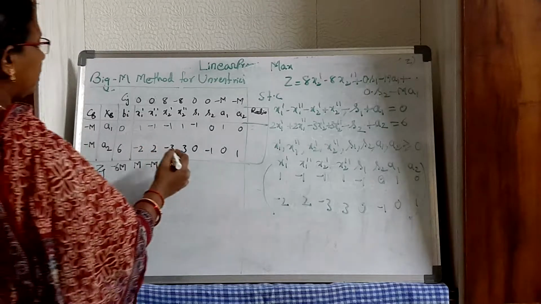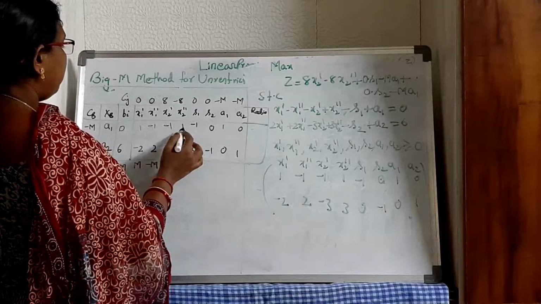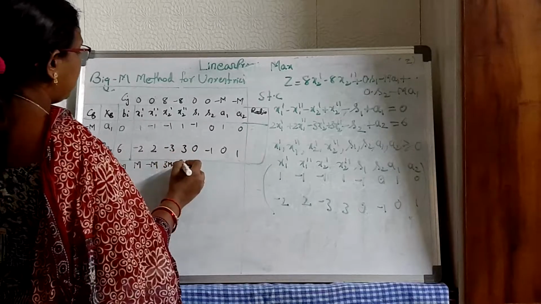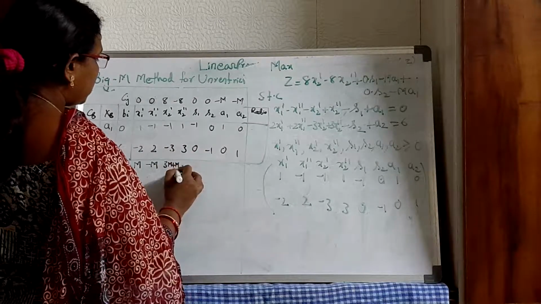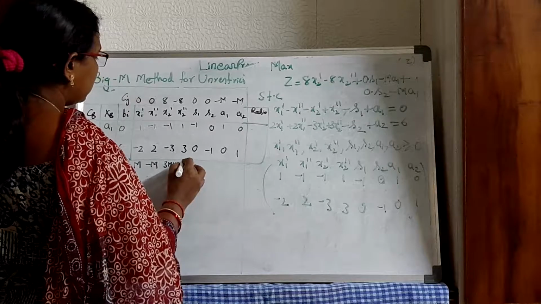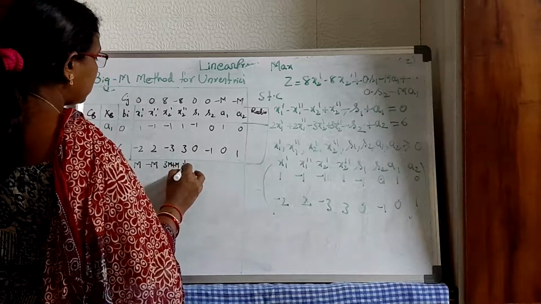Next, minus M and minus 3M, so this will be minus 4M. I will write it here: this value is minus 4M.